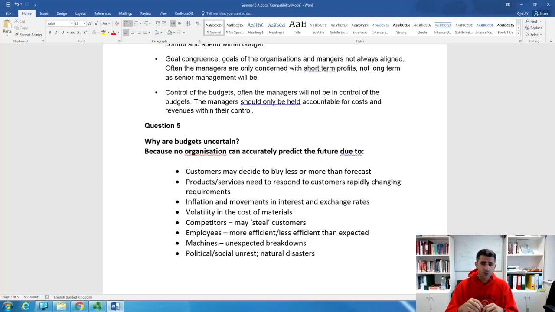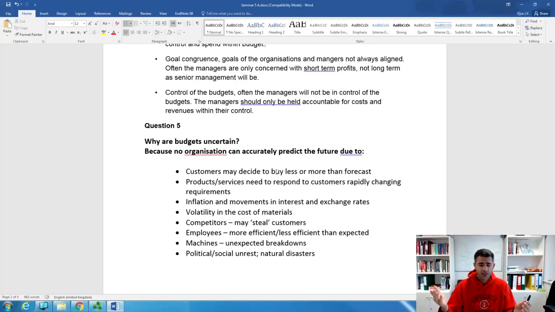So why do you think there is no accuracy there? Due to many things. Maybe the machines have broken down, unexpected breakdowns. For example, the situation that happened with the virus COVID-19.